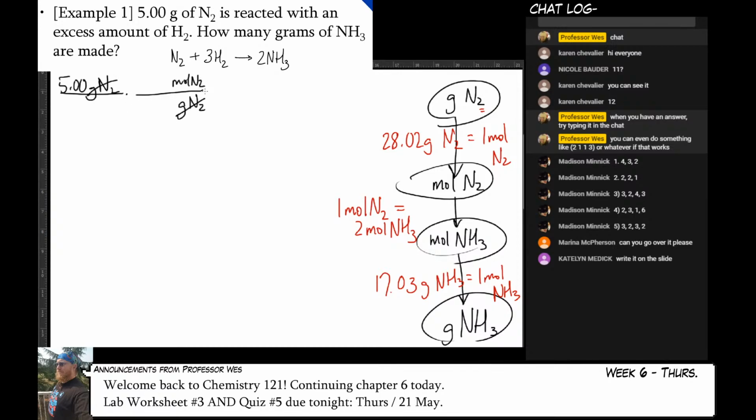And those cancel out. Then I will go from moles of N2 to the next unit, which is moles of NH3. And then finally, I'll take my moles of NH3 and I'll turn them into grams of NH3.